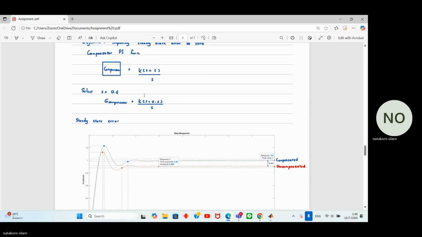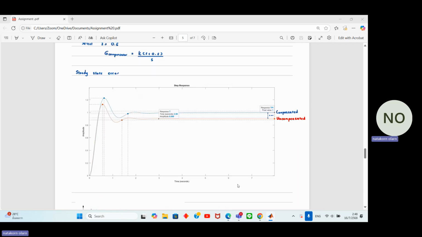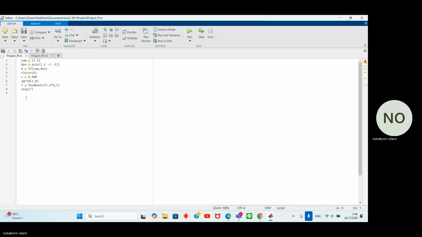So firstly, from the calculation, I assume the zero that I add in the system is 0.6, and you will get the new function. I add the PI compensator into the system.